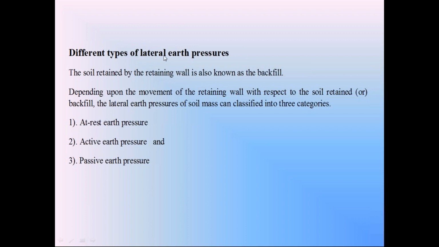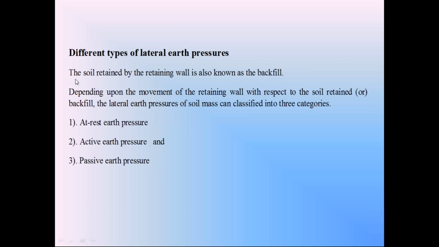We have three types of horizontal earth pressures: one is at rest earth pressure, the second one is active earth pressure, and the third one is passive earth pressure. So we have three types of horizontal earth pressures acting on the retaining wall.